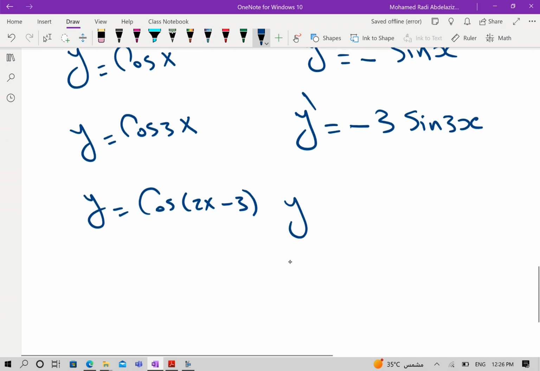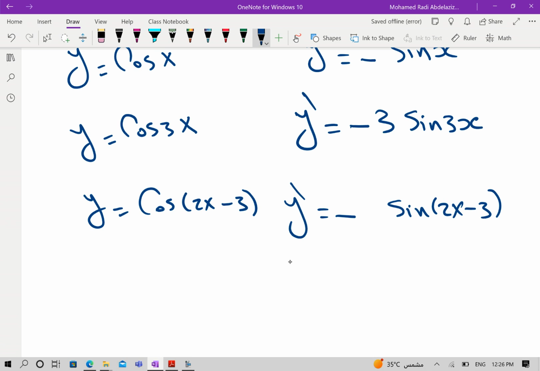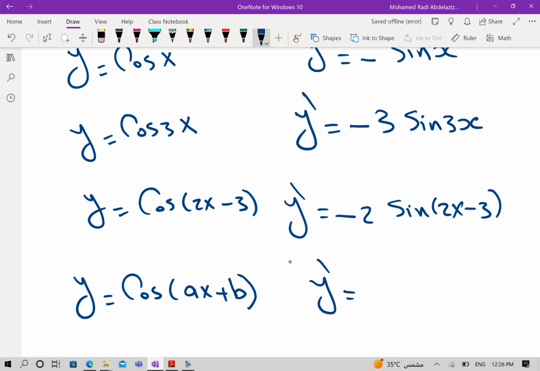Again, y dash is negative sine 2x minus 3 multiplied by negative 2. So in general, if a function is written in the form of cosine ax plus b, its derivative will be negative a sine ax plus b.